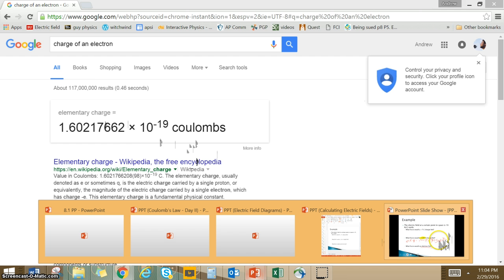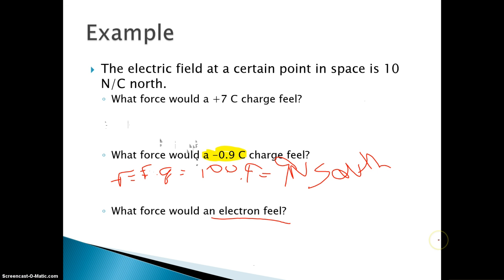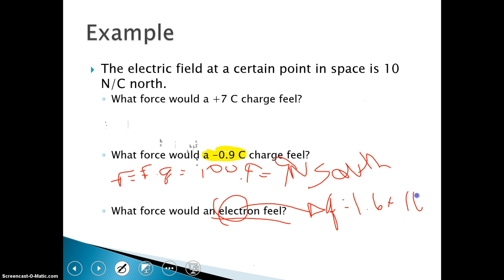So that's saying that in an electron, Q equals 1.6 times 10 to the negative 19 coulombs.